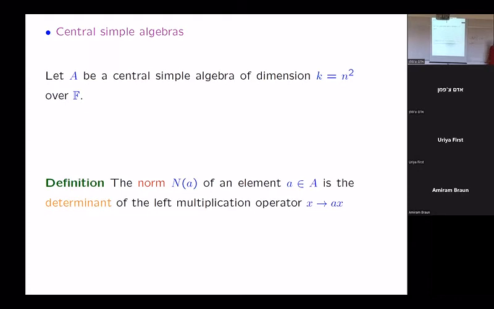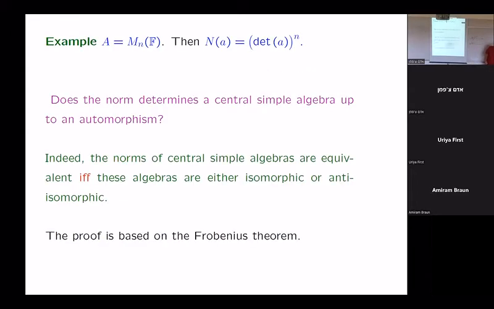Well, there are many other applications. For example, in central simple algebras, you consider norms, nothing but the determinant of the left regular representation, and it turns out that there was a question: does the norm determine the central simple algebra up to automorphism?